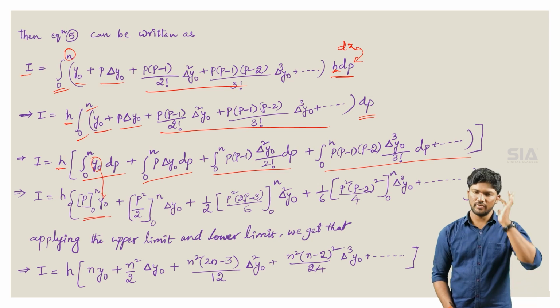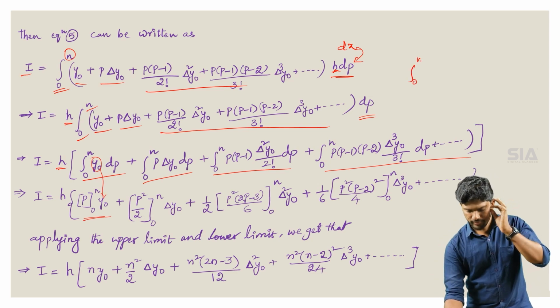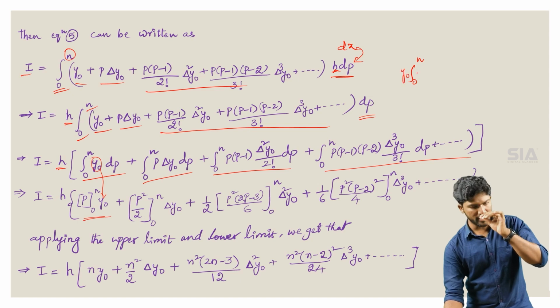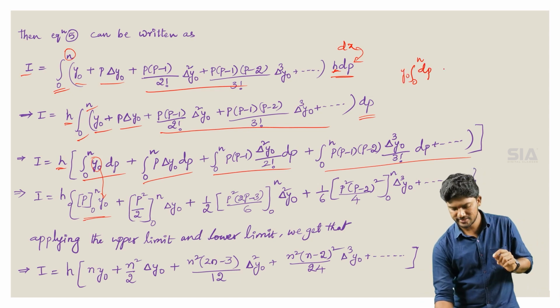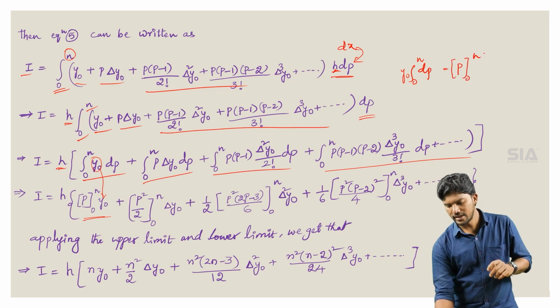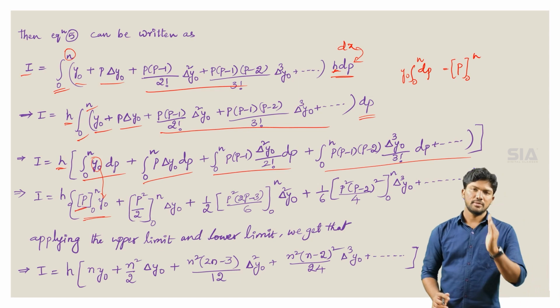So y naught we can write as it is, and the integration of 1 dp is p. We can apply the upper limit and lower limit.